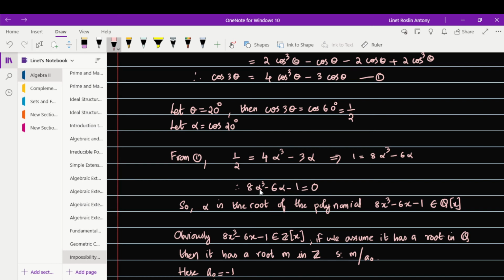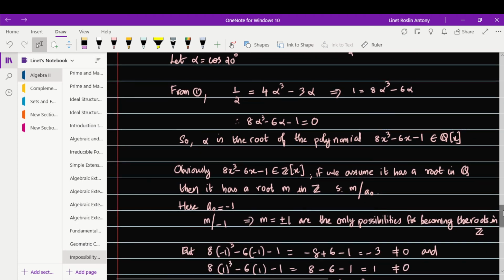to 0. So this alpha, that is alpha equal to cos 20, is actually a root of the polynomial 8x cube minus 6x minus 1, which belongs to Q[x]. So that is definite from this. So this is inside Q[x], and obviously we know that the coefficients are integers, so that also belongs to Z[x].